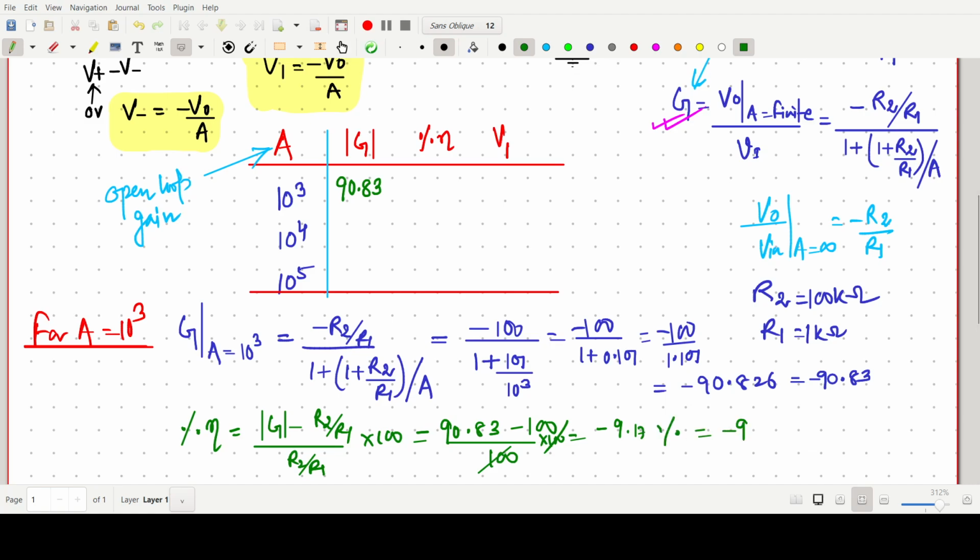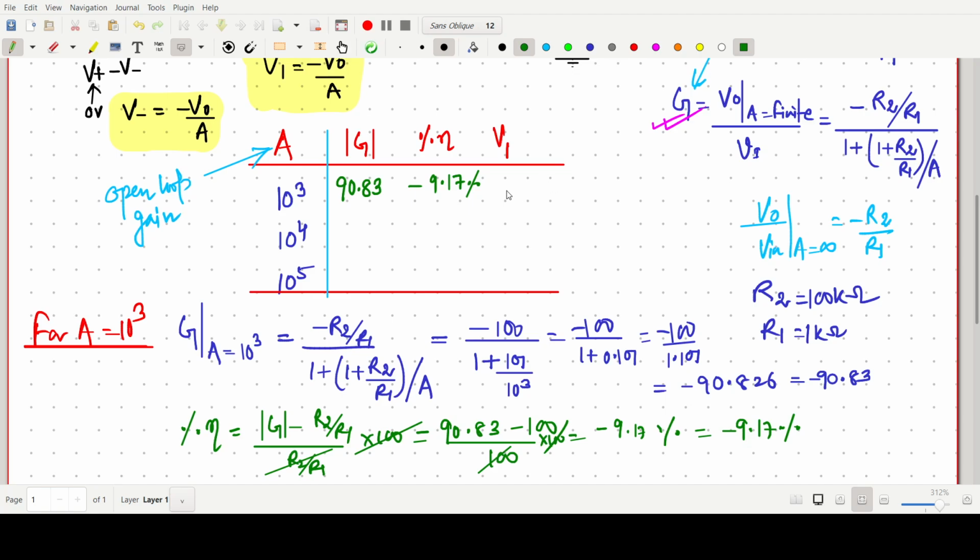So G minus R2 by R1 is 90.83 minus 100, which is minus 9.17. This value will be minus 9.17 percentage.